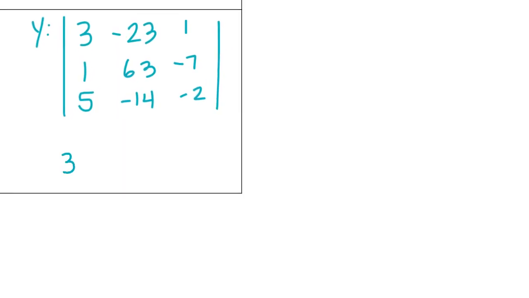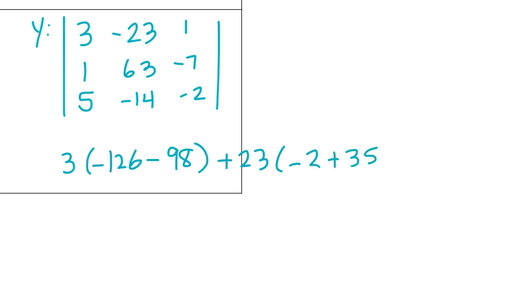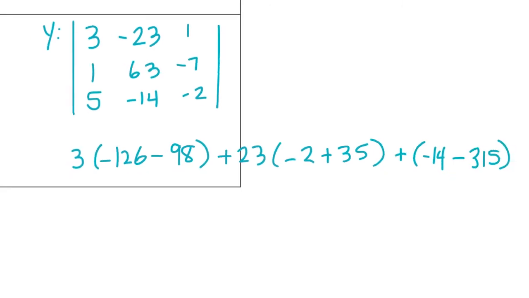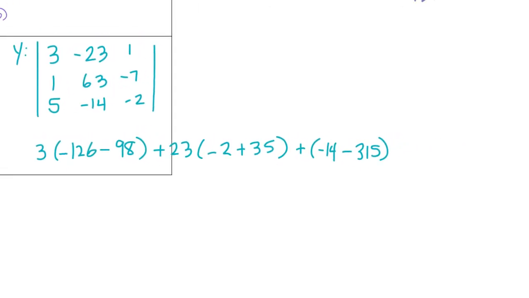So 3 times negative 126 minus 98, and then plus 23 times negative 2 plus 35, plus 1 times negative 14 minus 315.